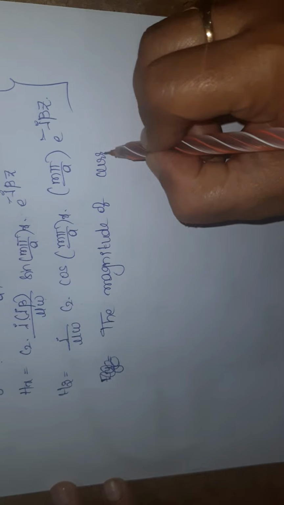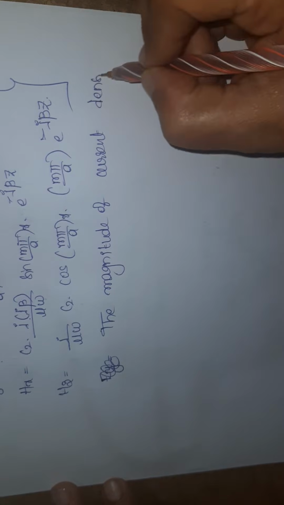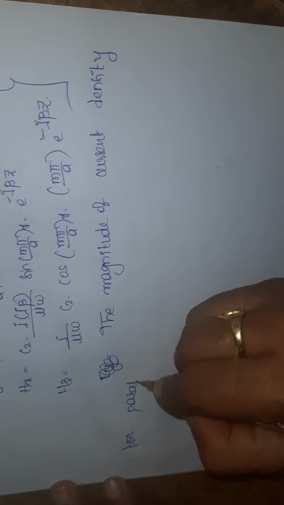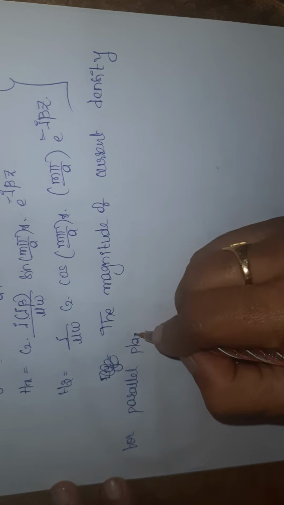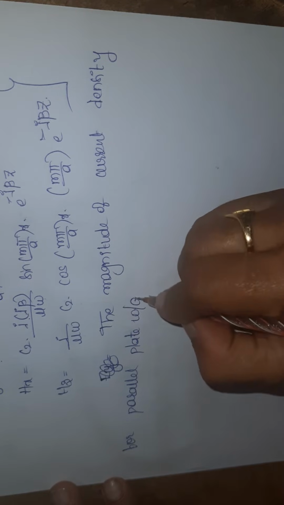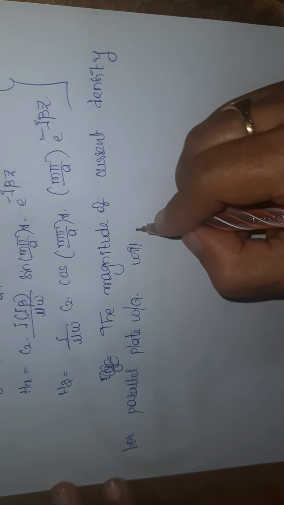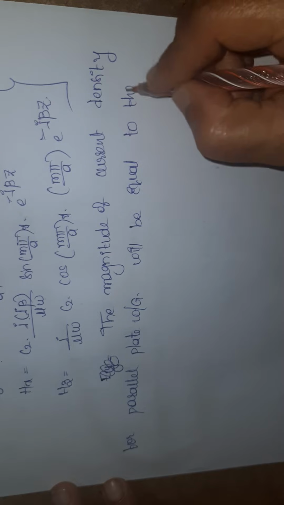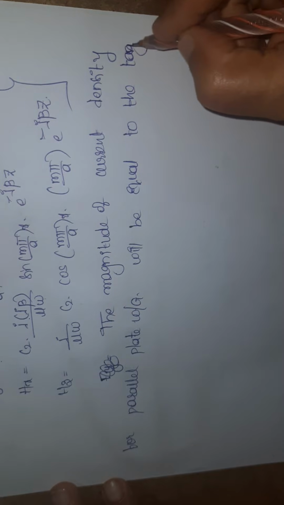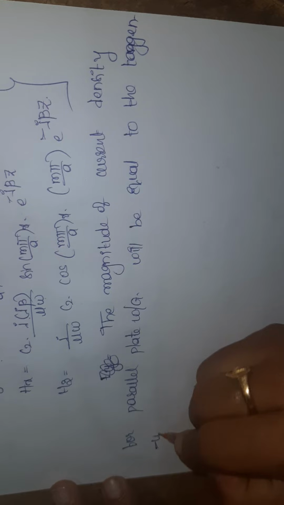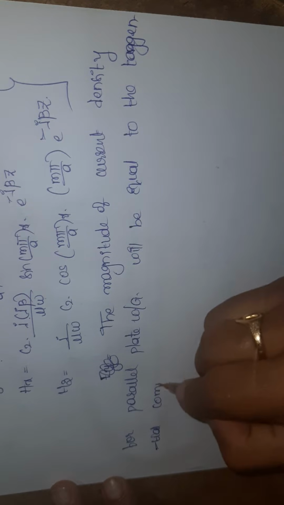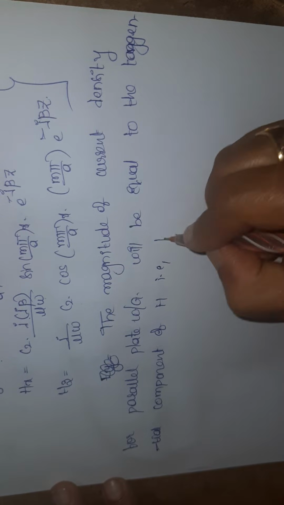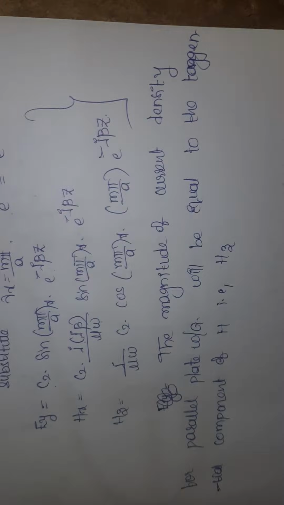The magnitude of current density for parallel plane waveguides will be equal to the tangential component of H, that is Hz.